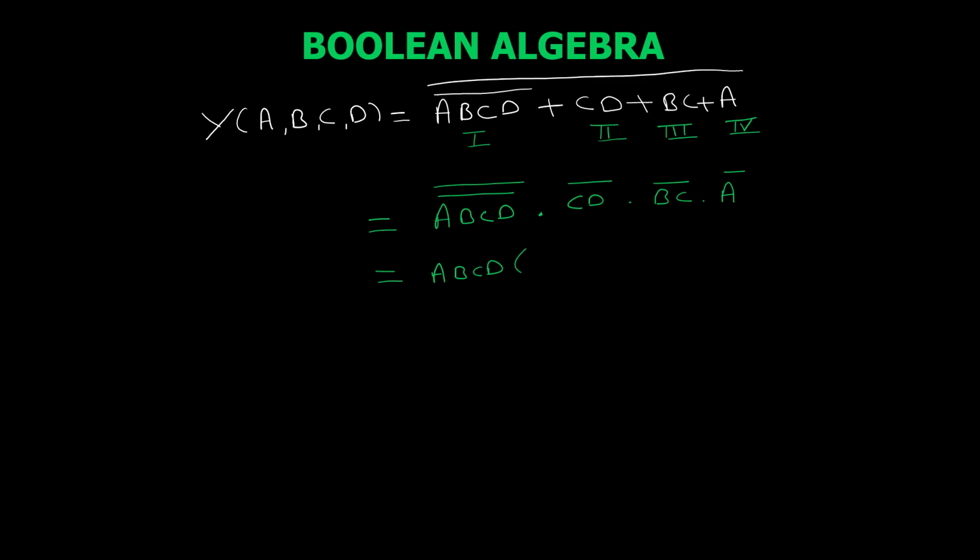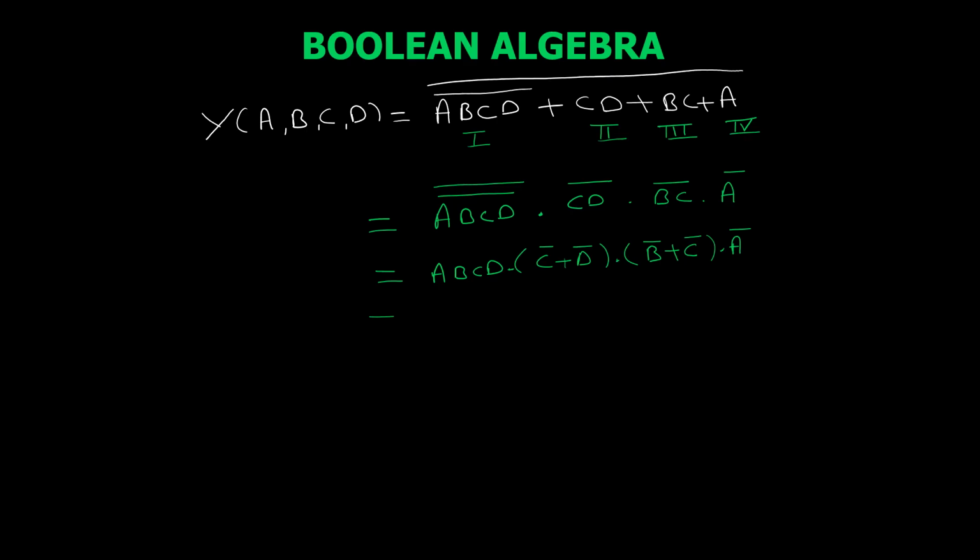Okay, start a bracket here. So you will get c bar plus d bar. The sign will change here by using De Morgan's theorem. Again put a bracket here, dot. So you will get what? b, c, this b bar plus c bar. So a bar is here.